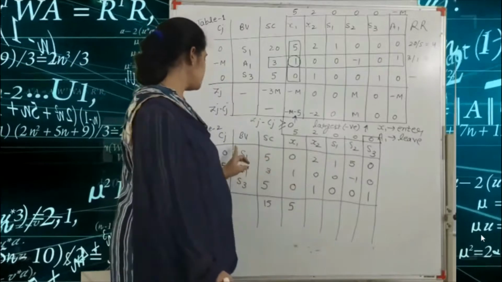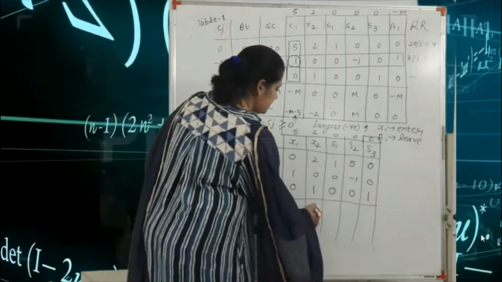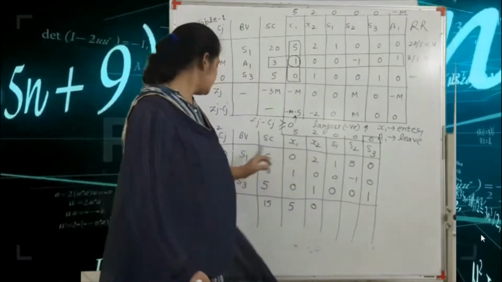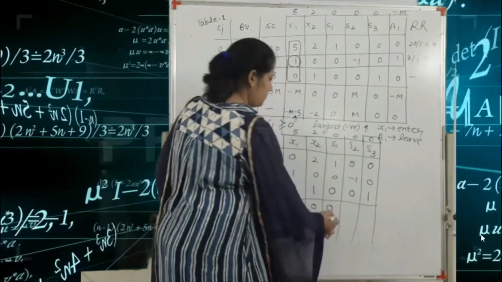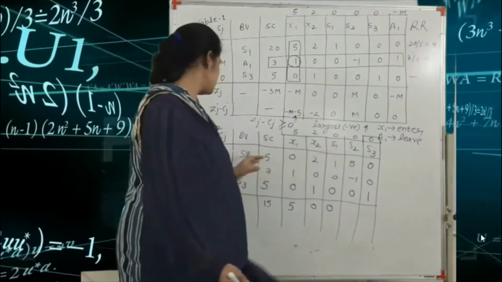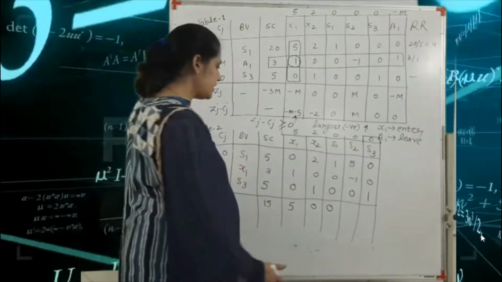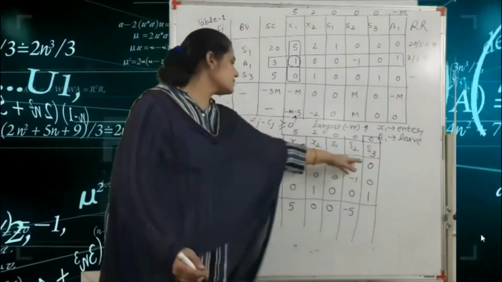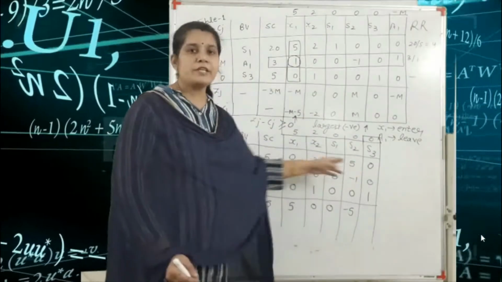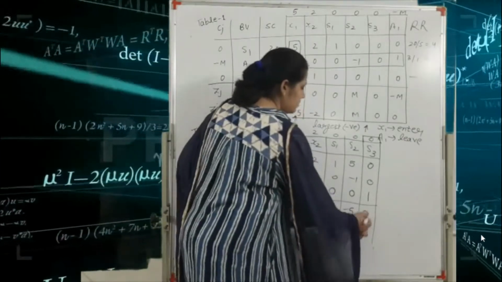Next one, 2 into 0 plus 0 into 5 plus 1 into 0, that means 0. Next one, 1 into 0 and both these values are 0, so we get the value 0. Next one, 5 into 0 plus minus 1 into 5, that means minus 5. And next one is 0, so we write here minus 5. Next one is 0 into 0 plus 0 into 5 plus 1 into 0. So we write here the value 0.